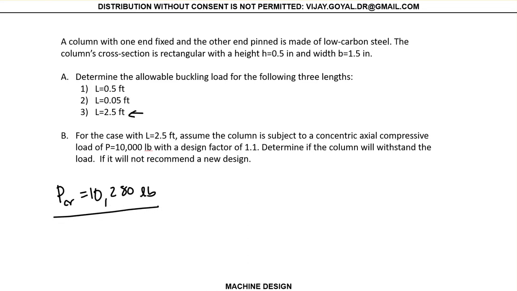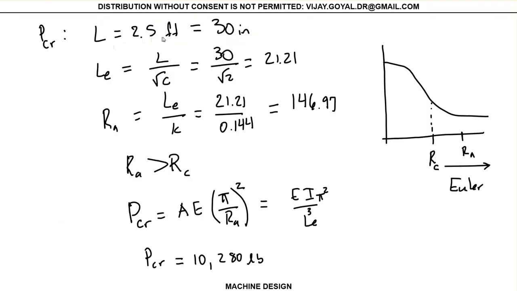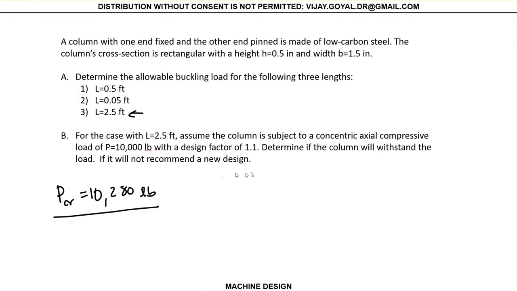We just found that for this case. So you can see 2.5 feet. This is the actual maximum load. And I have a P applied to the problem of 10,000 pounds.